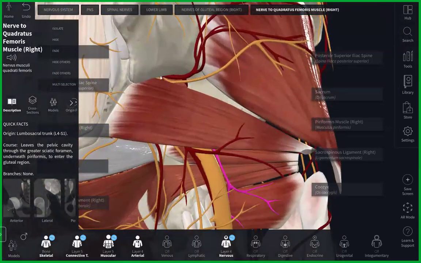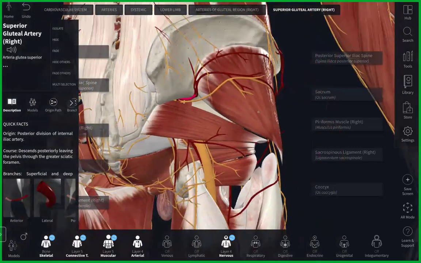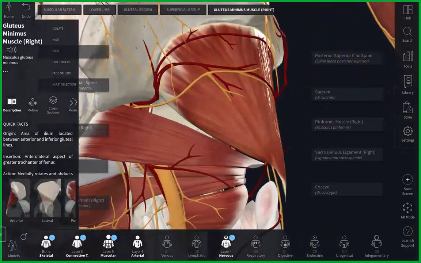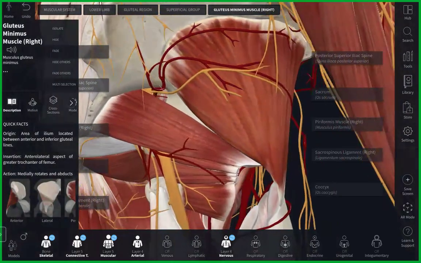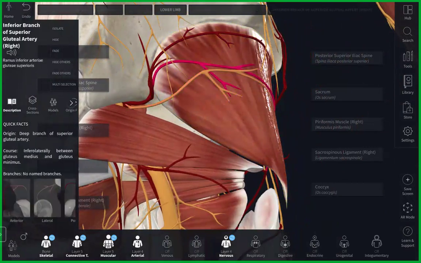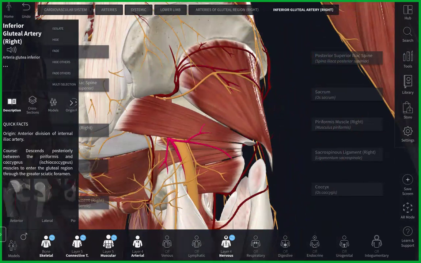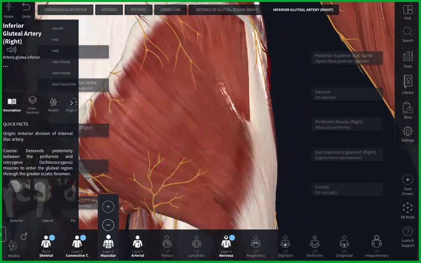Okay. And this is our superior gluteal nerve. This is our superior gluteal artery. These are supplying your gluteus minimus. Your gluteus minimus is supplied by the superior gluteal nerve and superior gluteal artery. And the inferior gluteal artery and inferior gluteal nerve supply your gluteus maximus.